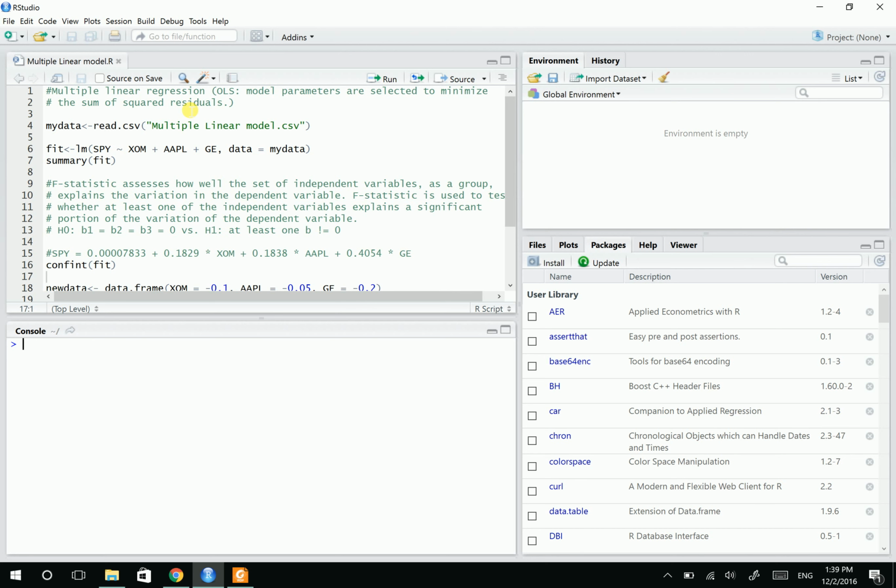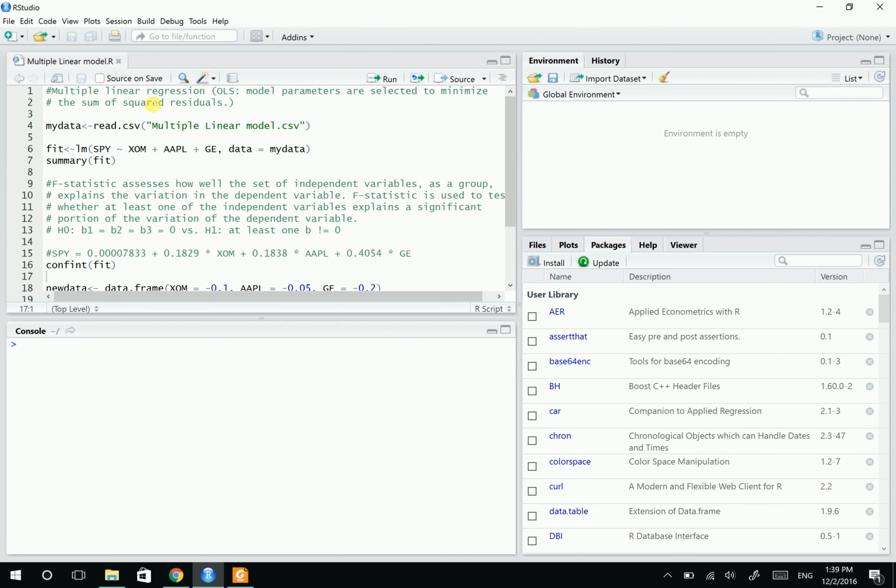That means the model parameters are selected to minimize the sum of squared residuals. You calculate the residuals, square them, and sum them together. We have to make this number as small as possible. This is how R deals with your data.